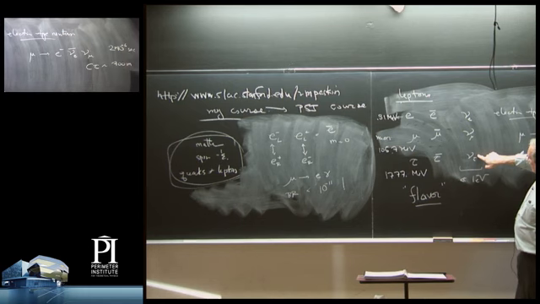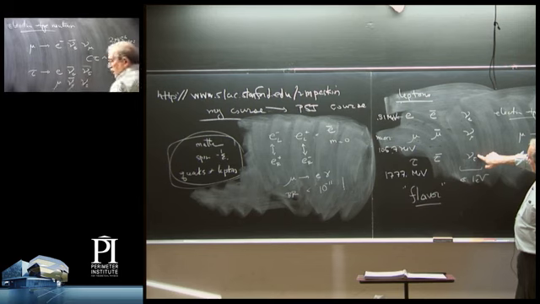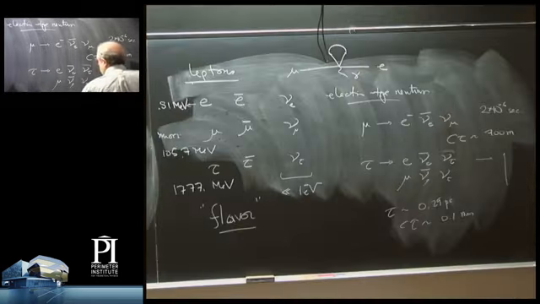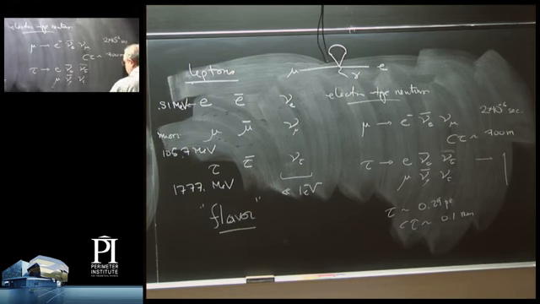The tau has many decays. We'll talk about them a little later in the course, but 2 of them are the analogs of the decay that I wrote up here. Tau to e, nu e bar, nu tau, and nu mu bar, nu tau. The lifetime of the tau is 0.29 picoseconds.